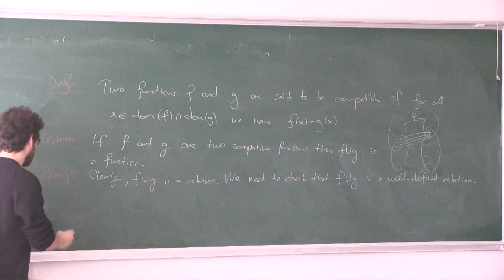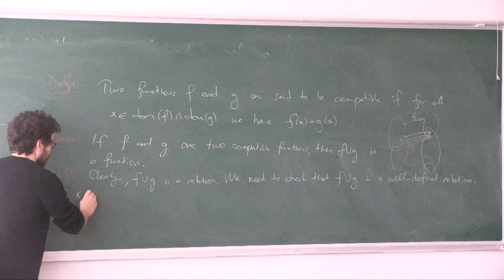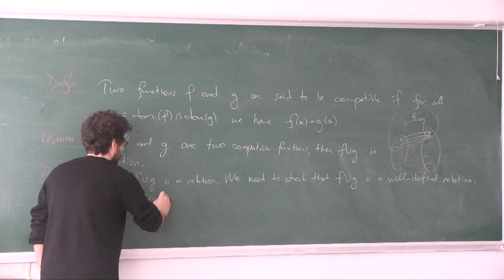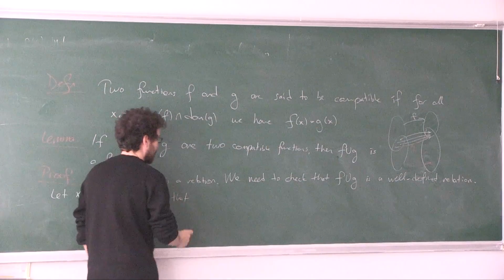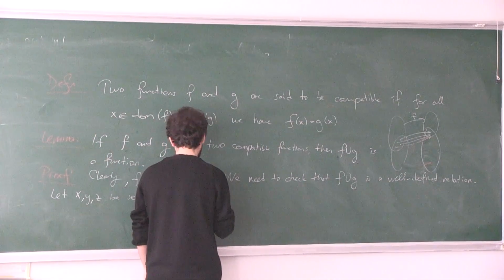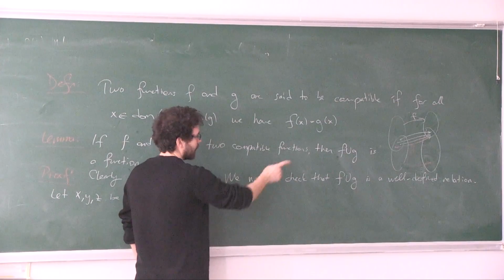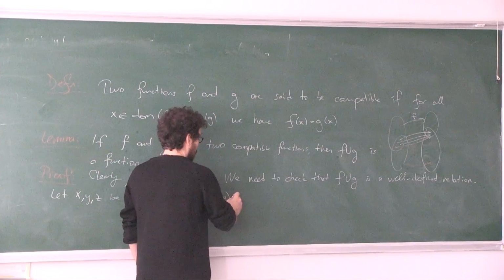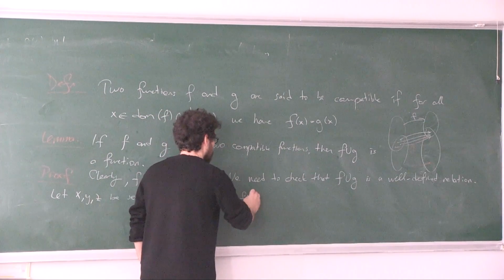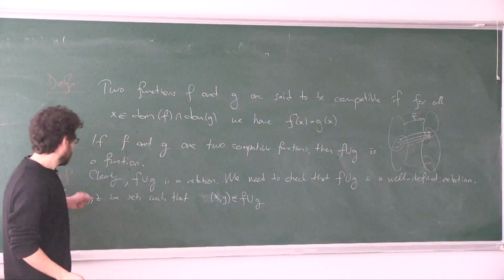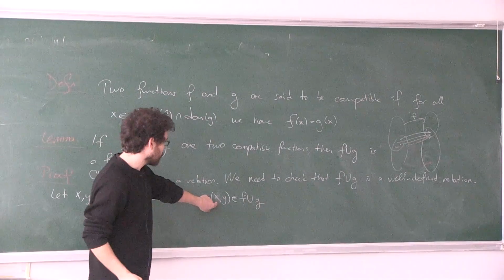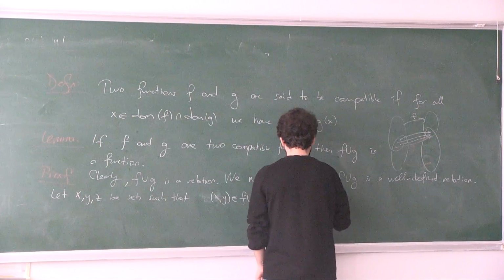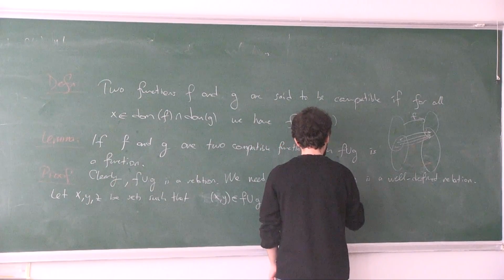So let's check that. Let x, y, z be sets such that, maybe I don't use the function notation at the moment, I use the old notation. Pick three sets such that (x, y) belongs to this union and (x, z) belongs to this union.